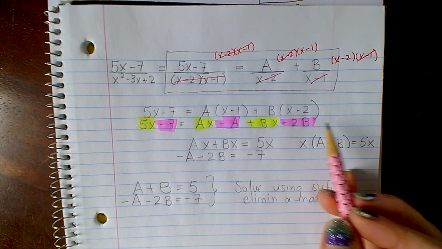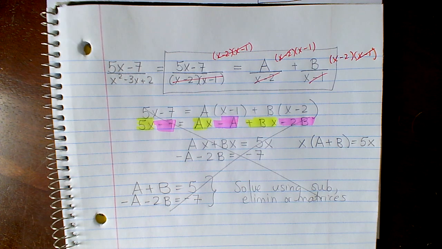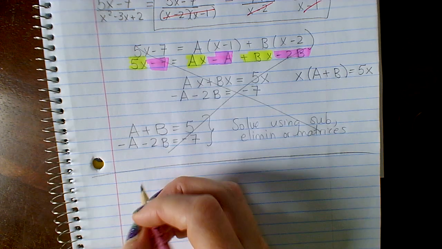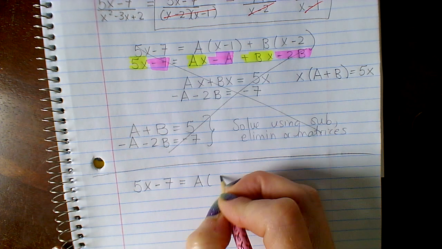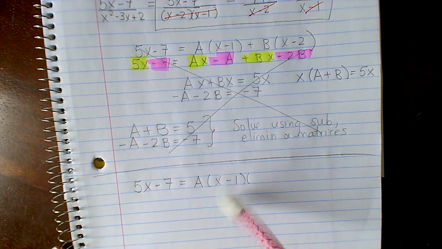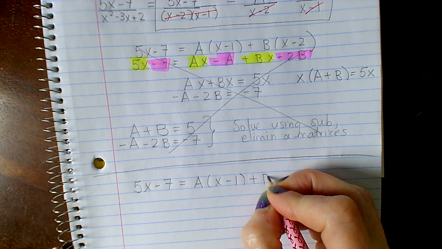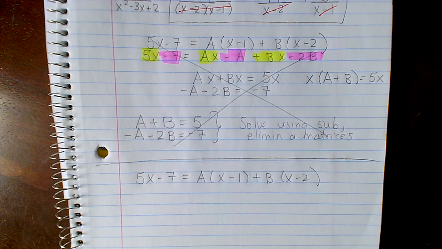So instead, let's not do that. Let's go back to this 5x minus 7 equals a times x minus 1 plus b times x minus 2 business. We can use a different technique.